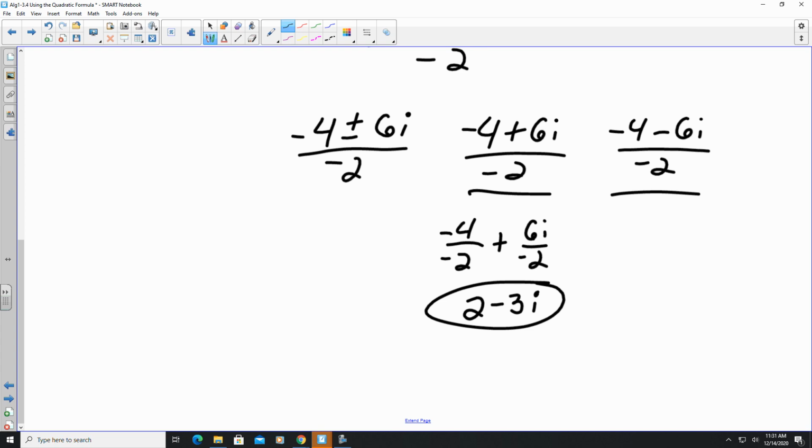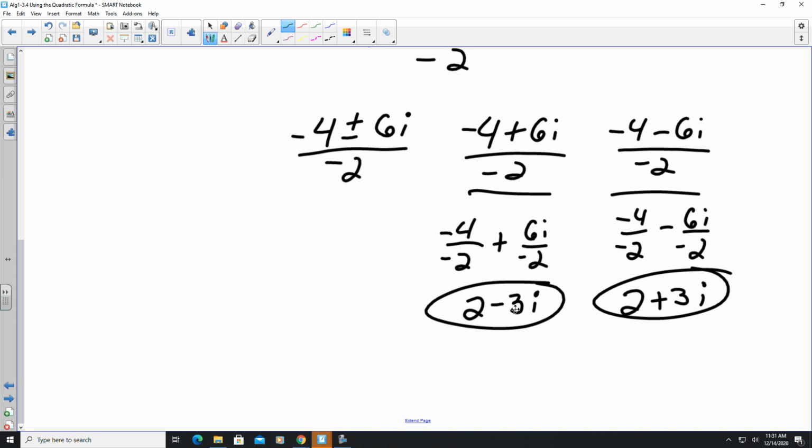And over here, this is negative 4 divided by negative 2, minus 6i divided by negative 2. This is going to be positive 2 plus 3i in this situation. You could leave it like this, or you can condense it and write it as 2 plus or minus 3i if you chose to. Either way, this is the same. But if you want to leave it expanded, that's fine as well.